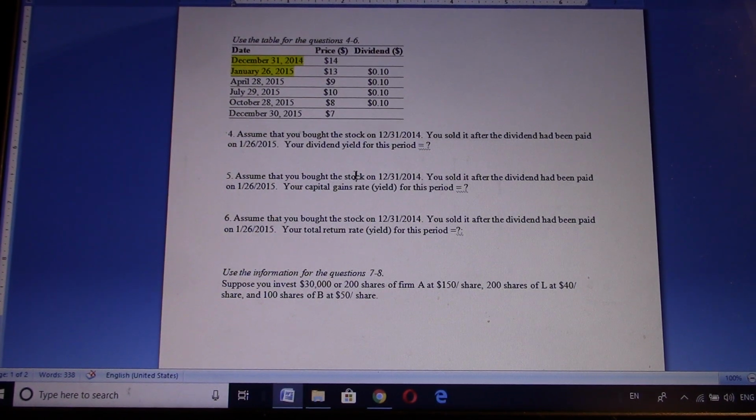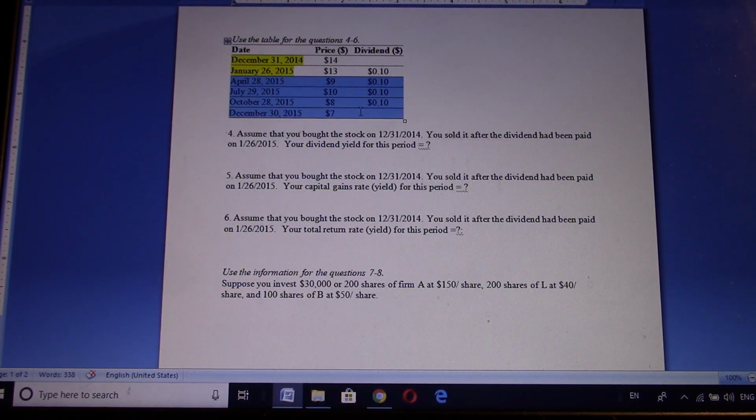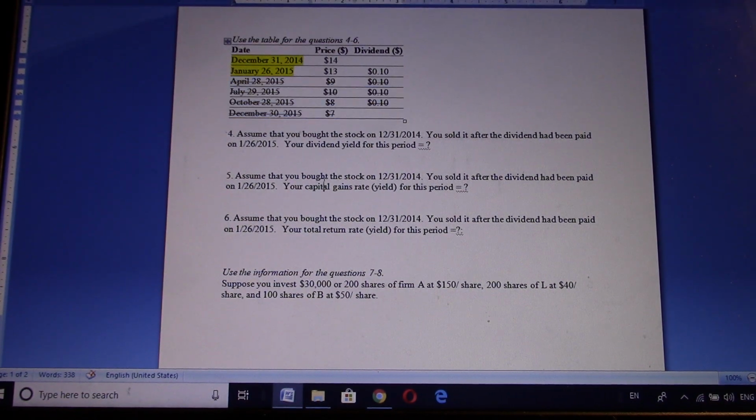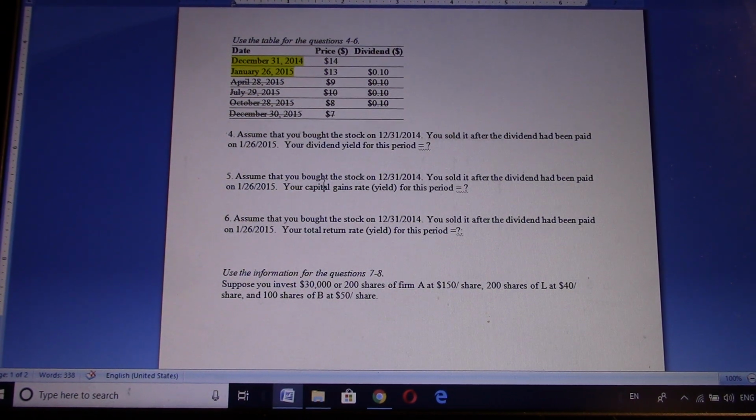But you also received a dividend on that day. So how much is your dividend yield? Any other dividends paid or prices given are useless information, because just think that you bought the stock for $14, you received 10 cents of dividend about a month later, and then you sold the stock for $13.